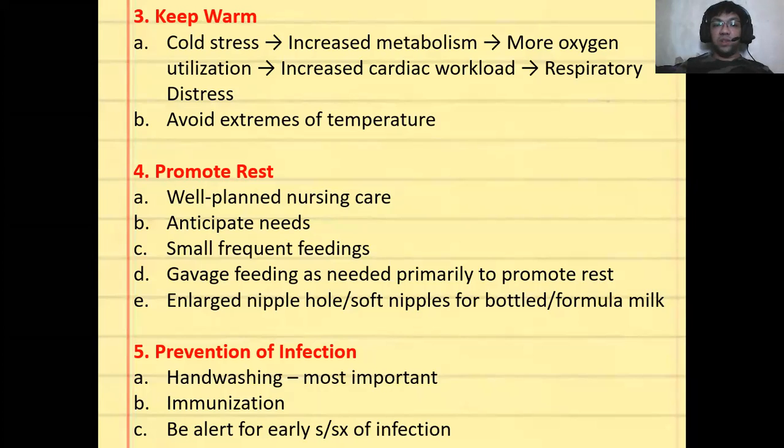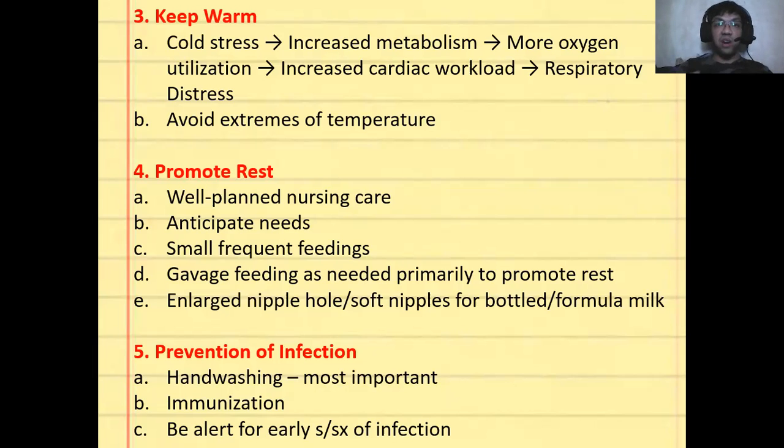4, promote rest. So we need to have a well-planned nursing care, formulate those NCPs. Anticipate the needs of the child, most especially the feeding needs of the child. Give small, frequent feedings. Gavage feeding as needed, primarily to promote rest, because infants who have cyanotic heart defects will appear very weak to perform feeding.